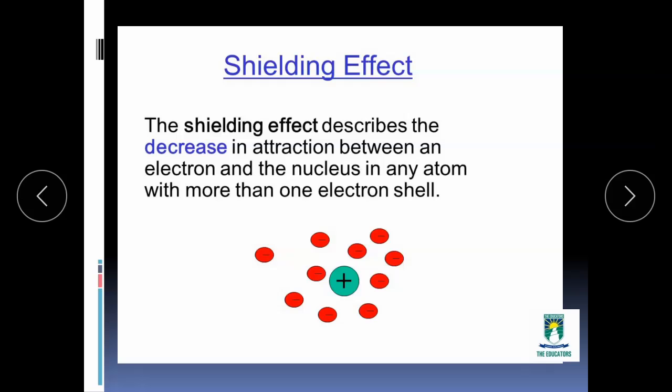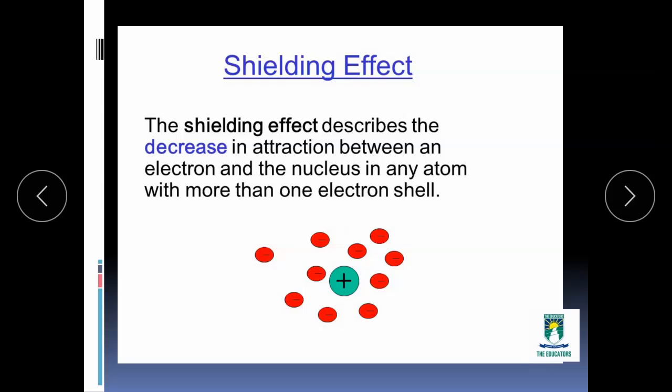But electrons have negative charge, and you also know that like charges repel each other. So we can say that the shielding effect is the reduction in force of attraction between the nucleus and the outermost electron due to the inner electrons. It is called the shielding effect.